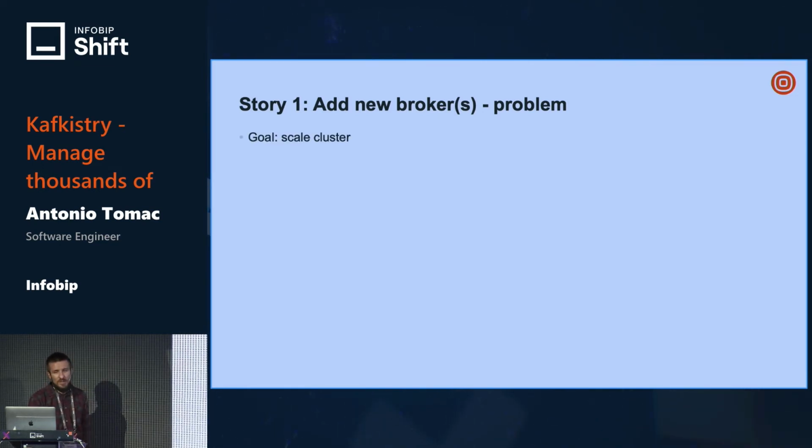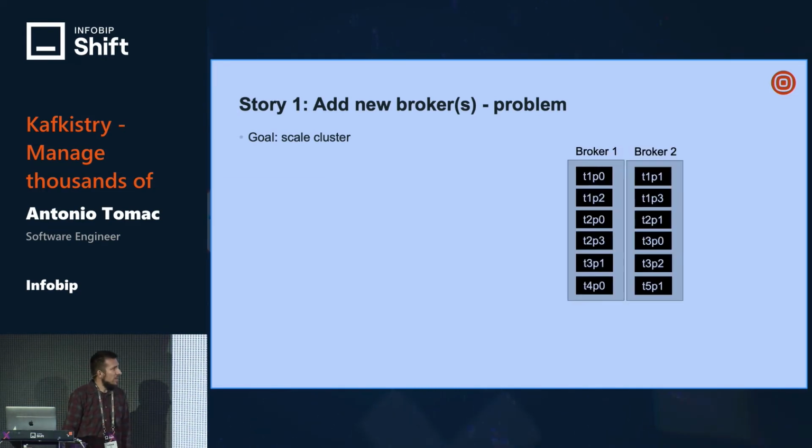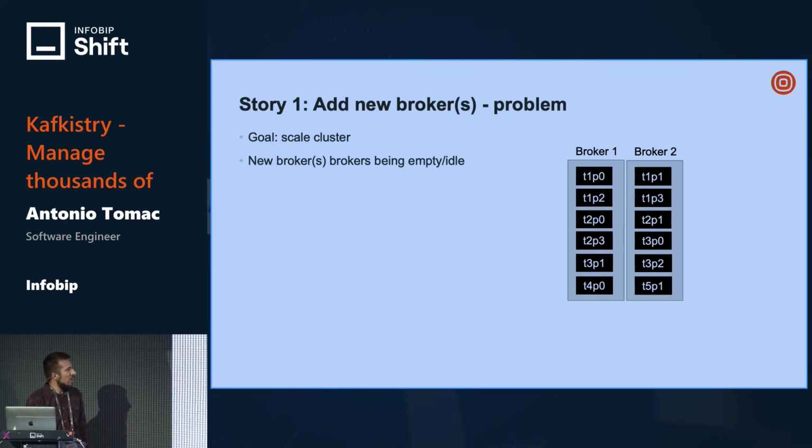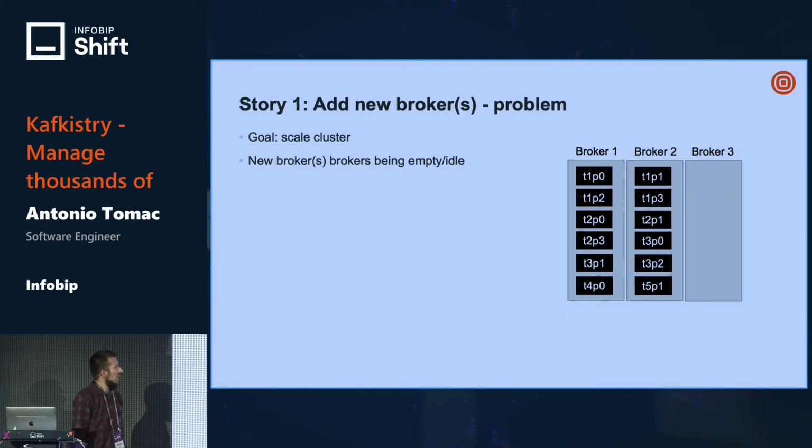You would do that in order to scale your cluster. And let's say that initially you start with 2 brokers or more, but for this example 2, and each of them has its own set of topic partitions. If you were to add a 3rd broker, this broker would be empty and not serving any traffic.